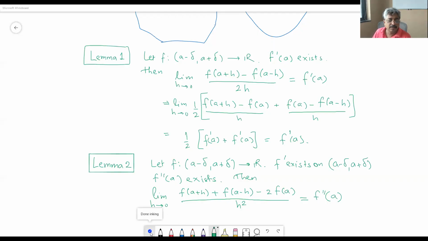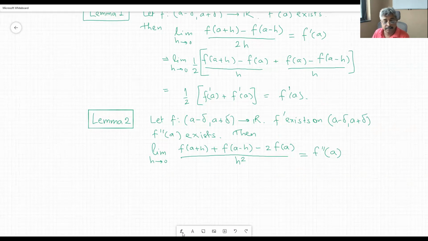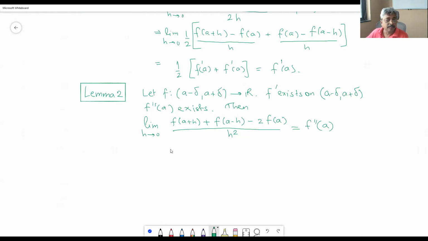Applying L'Hopital, we get the limit as h tends to 0 of f dash of a plus h minus, because you are differentiating with respect to h, therefore it should be minus in between, f dash of a minus h, and this is constant, so 1 divided by 2h.